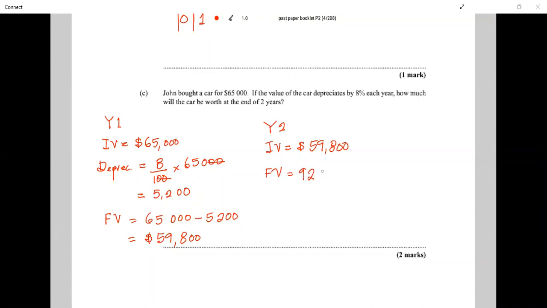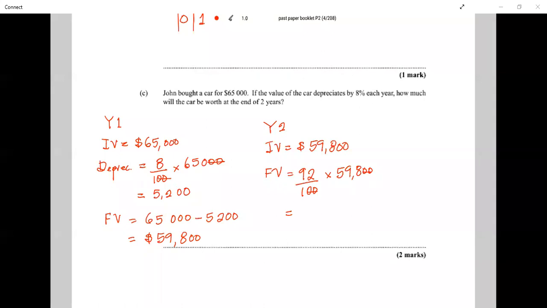So this is another approach. 92% of the initial value, 59,800, so the final value at the end of year 2 would be 92 times 59,800.